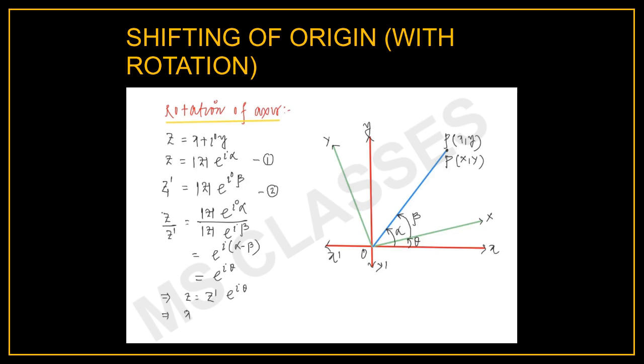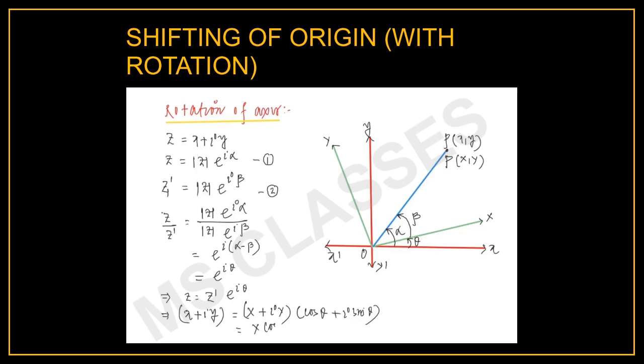Small z is small x plus i small y, capital Z dash is capital X plus i into capital Y, and e to the power of i theta will be cos theta plus i sin theta. Now from this, we open the brackets. So what is it?